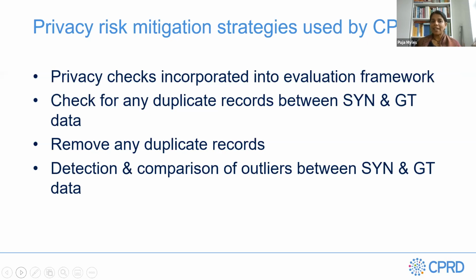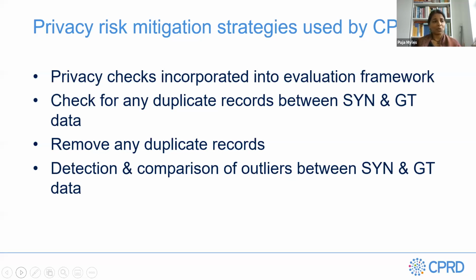Currently, we're checking for any duplicate records between synthetic and ground truth data. When I say duplicate records, I mean a particular synthetic patient should not be exactly the duplicate of a real patient, even if it's completely by coincidence. I'm not talking about an individual data feature, because of course you will expect duplicates in that.